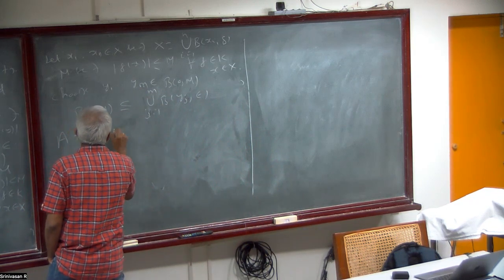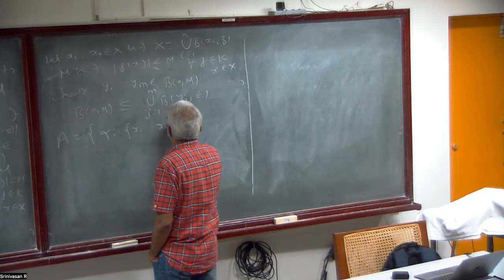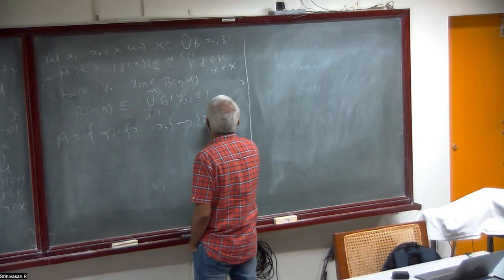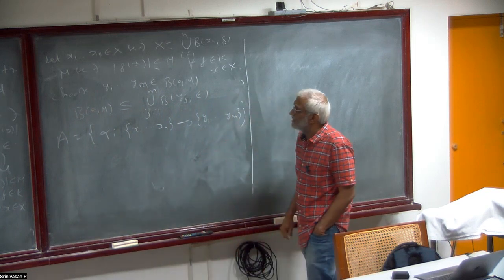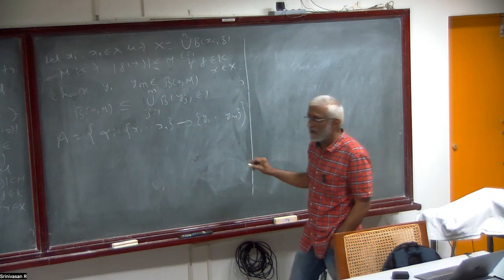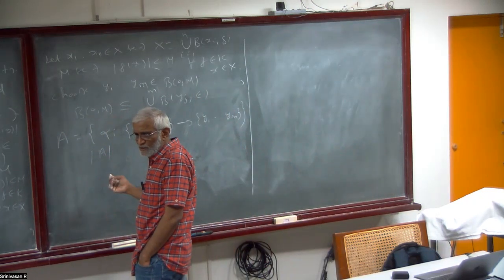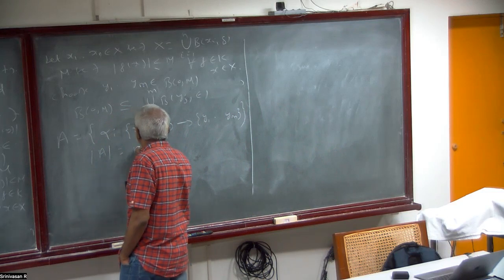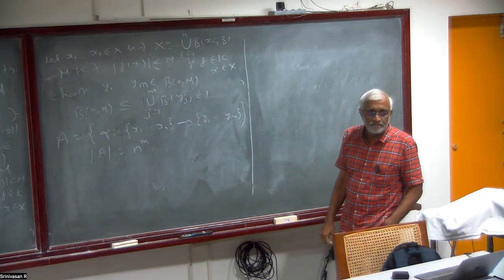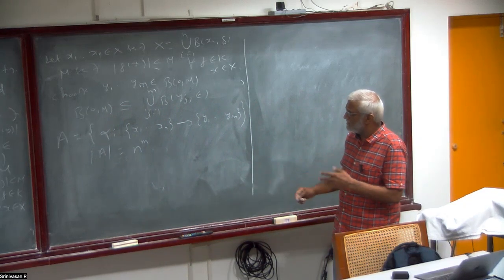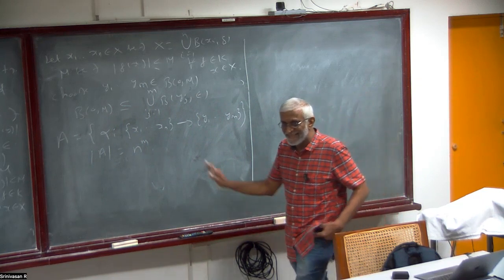Okay. So now A, B is a set of all those functions from this finite set x1 up to xn to y1 up to ym. There are m to the power n of them.